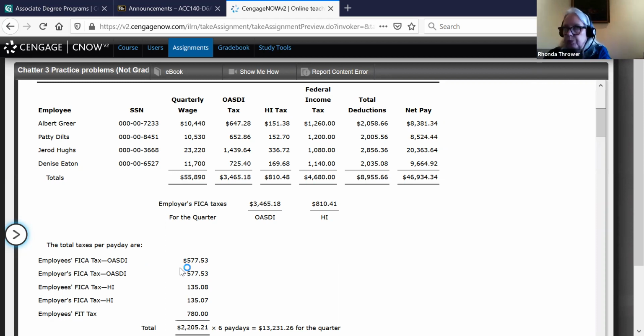So again, you could find this amount. They've already given it to you, but if you wanted to find it, you would take the $3,465.18 and divide it by 6 paydays for the quarter, and that's how they came up with 577.53.